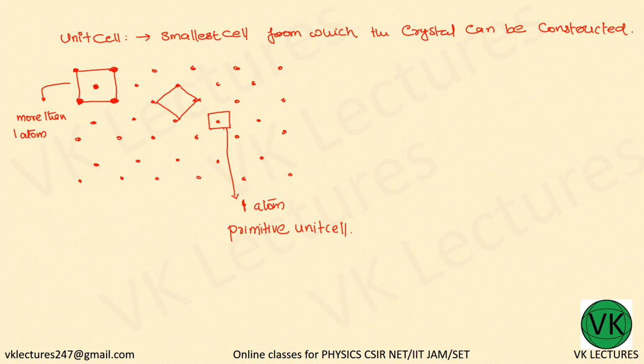This is because it has got only one atom. This is called a primitive unit cell or one atom cell, and this is also called a Wigner-Seitz cell. Okay, now here you are finding another unit cell which has a total of 4 corners, and 4 into 1 by 4 is one atom, so that is one atom.